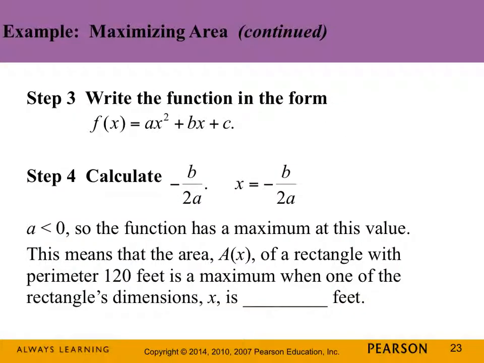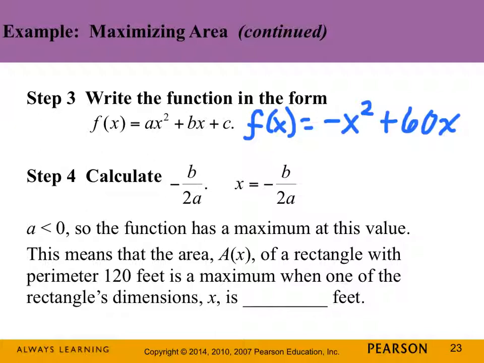Okay, step 3 is to write the function in the form f of x equals ax squared plus bx plus c. So in this case, that would be f of x equals negative x squared plus 60x. Step 4 is to calculate the opposite of b over 2 times a.